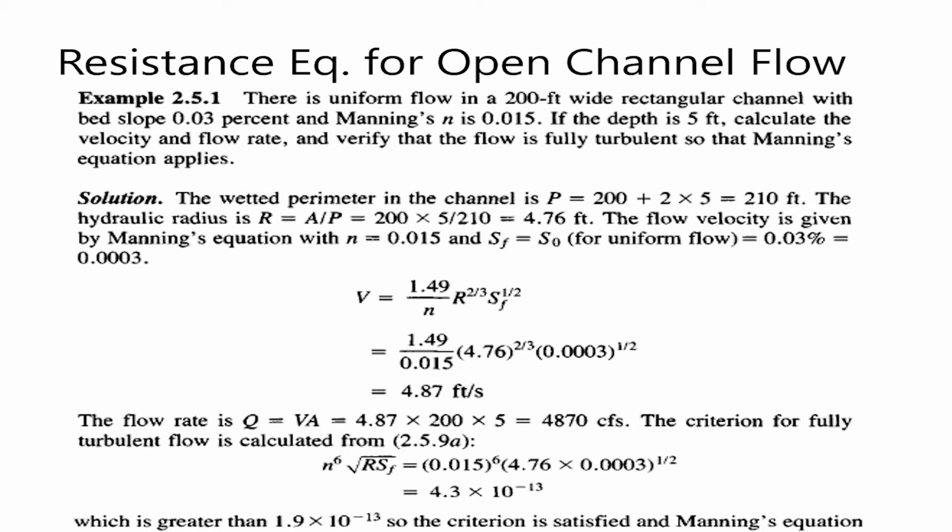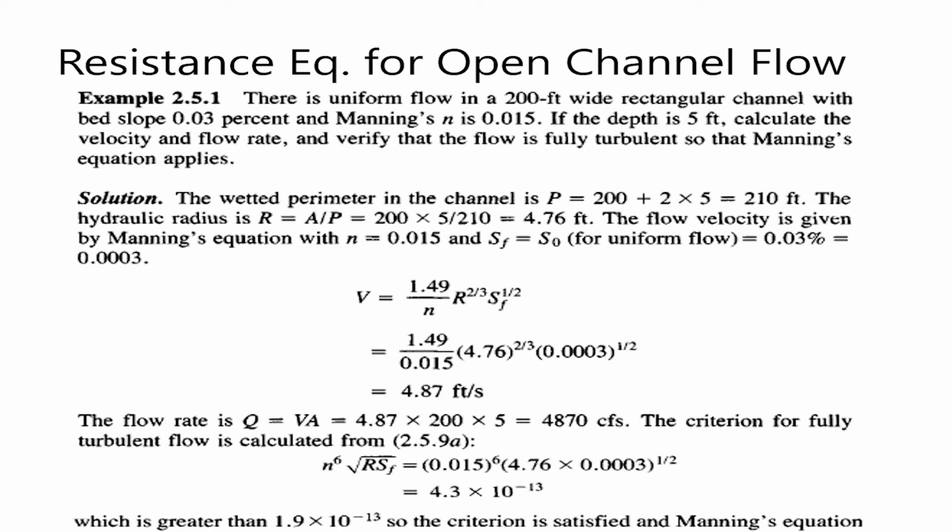So you can see that here the wetted perimeter, that is P, is nothing but width plus 2 times depth. Okay, because there are two side walls on both sides, that is 2 into 5, plus there is a bottom, that is 200. So this becomes 210 feet. The hydraulic radius is nothing but area by perimeter.